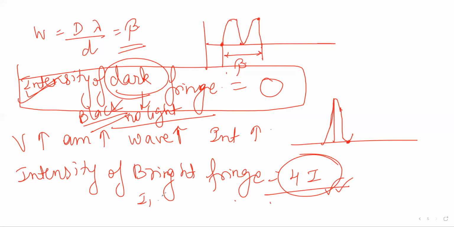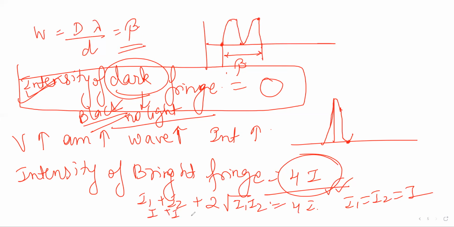Why? Because I1 plus I2 plus twice root over I1 I2 will become what? 4I. Because I1 equal to I2 equal to I. So I plus I plus 2 root over I squared, which is I, so 2I, becomes 4I.